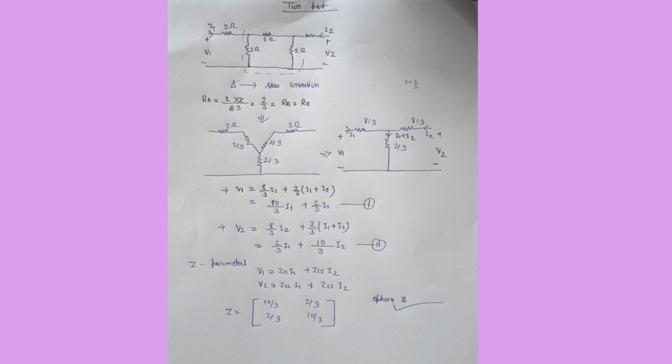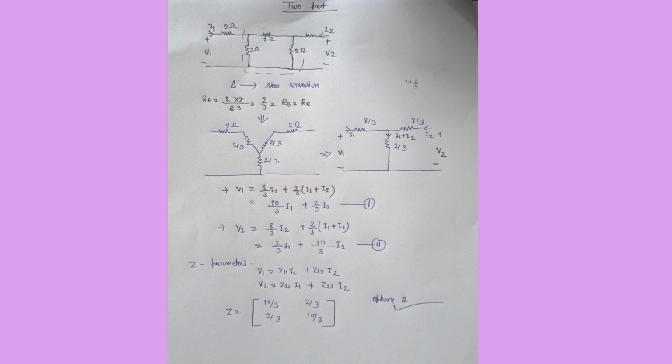The next 2 and 2 by 3 are in series, so it becomes 8 by 3, and on the right side also 8 by 3. So we find the equation V1 equals 8 by 3 I1 plus 2 by 3 (I1 plus I2). So the first equation is 10 by 3 I1 plus 2 by 3 I2.